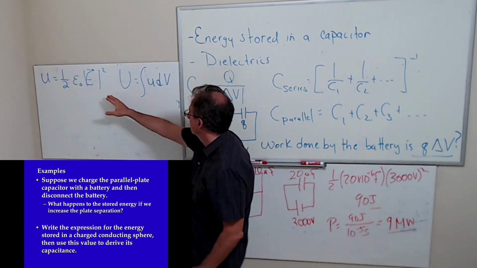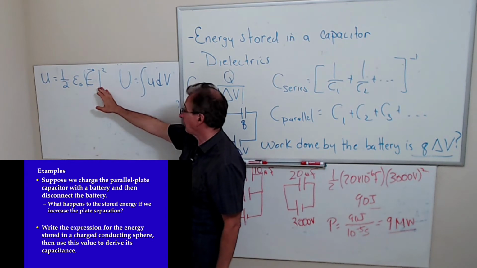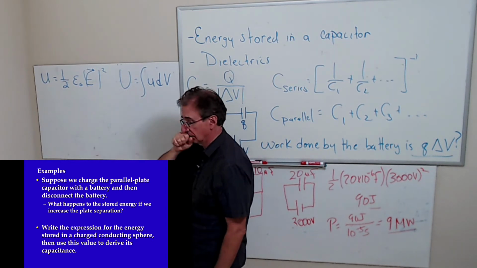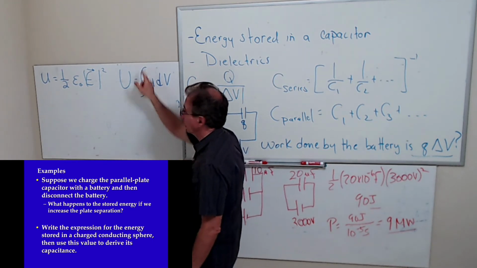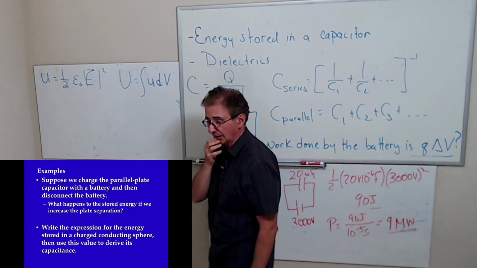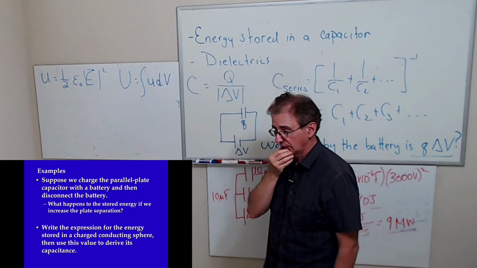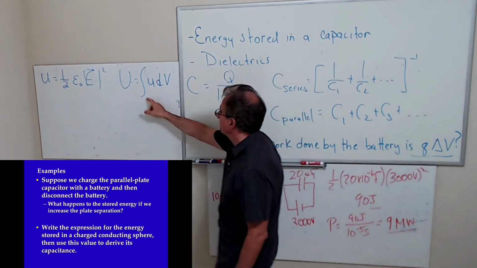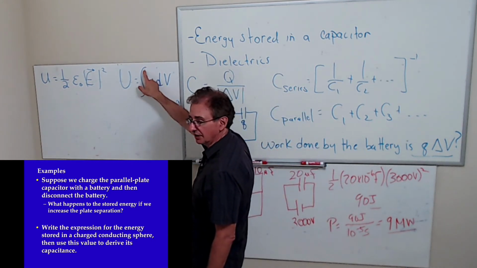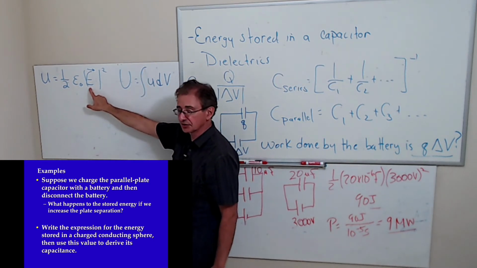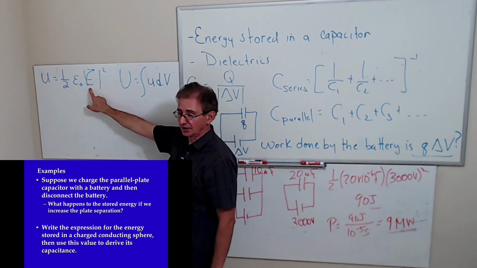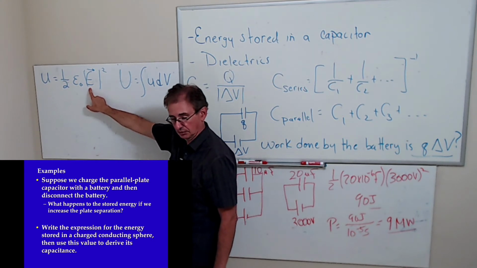Now, when I use these equations, I've got to consider what the limits of my integration are. The limits of integration are based on the region of space over which this electric field is defined.